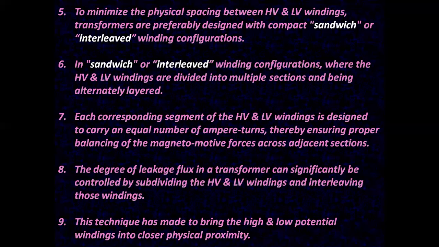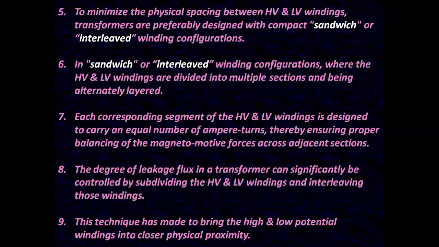Each corresponding segment of the HV and LV windings is designed to carry an equal number of ampere turns, thereby ensuring proper balancing of the magnetomotive forces across the adjacent sections. The degree of leakage flux in a transformer can significantly be controlled by subdividing the HV and LV windings and interleaving those windings.